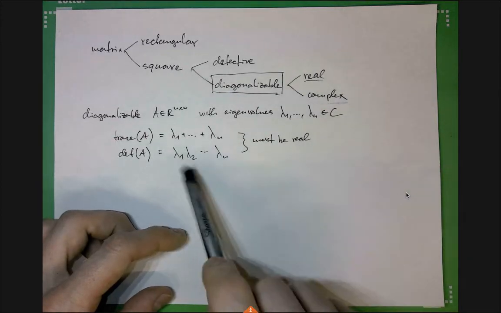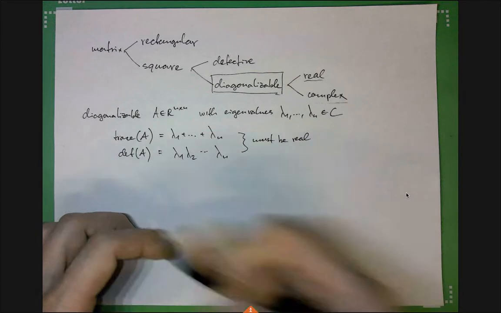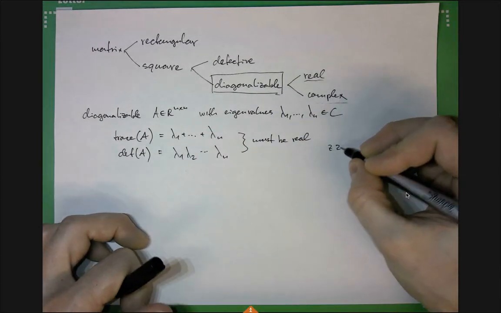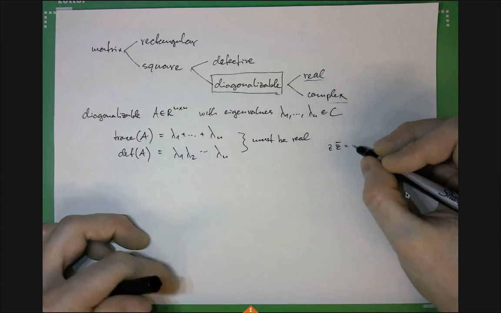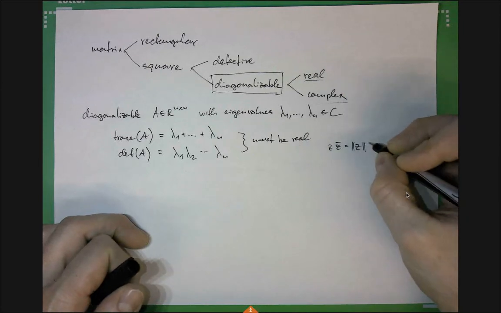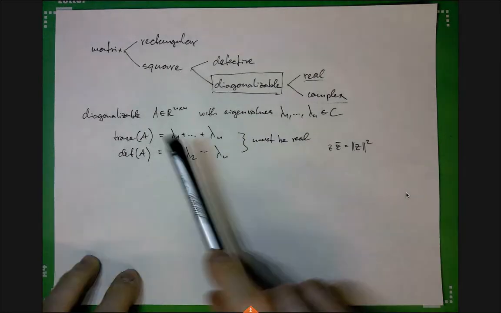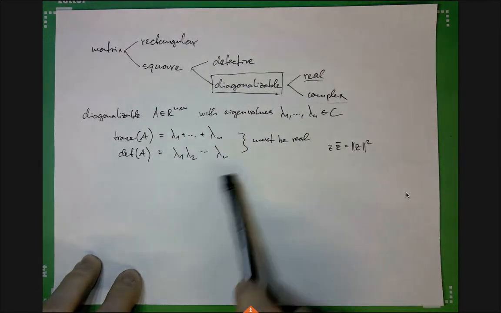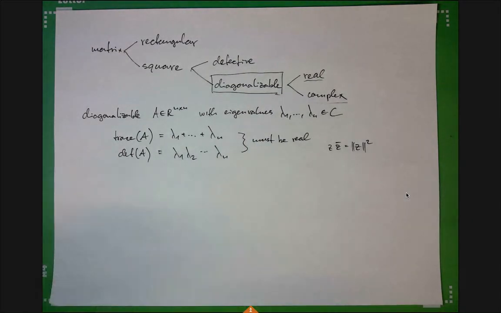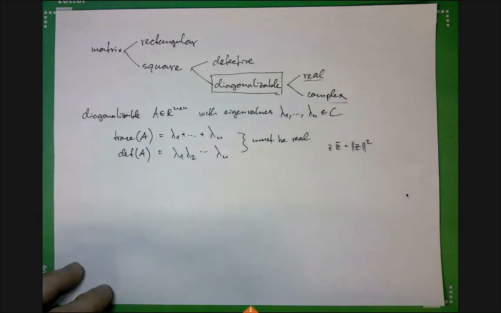Same thing here. If you multiply two complex conjugates, if you multiply z and z complex conjugate, then you get the norm squared of z. So that's again a real number. So this is fine. Indeed, these things always have to be real, even though the lambdas can be complex. So this check also works even if the eigenvalues are complex.